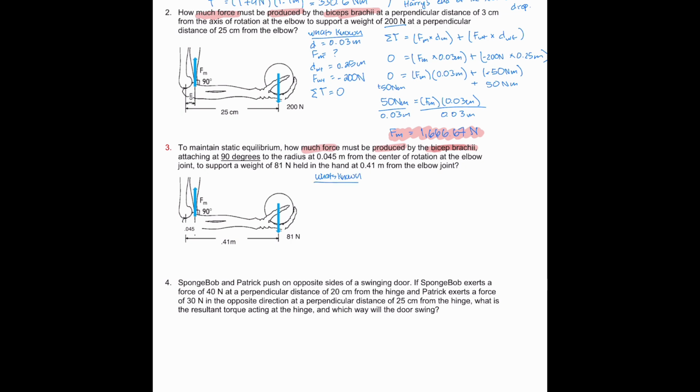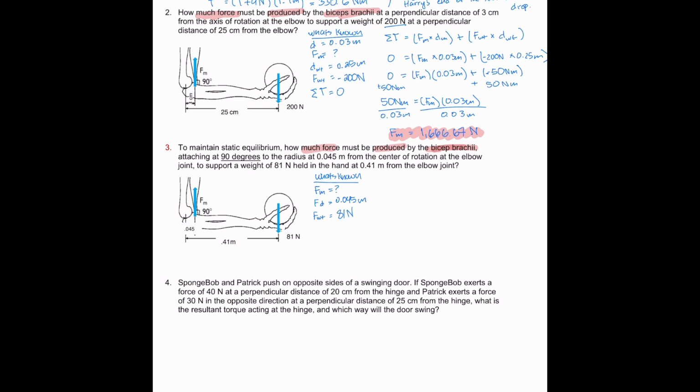We know that we don't have the force of the muscle, so this is what we're going to be finding today. But we do have the distance from the radius, from the center of rotation, which is 0.045 meters. And in this case, we're also given the force of the supporting weight, which is, I believe, 81 newtons.